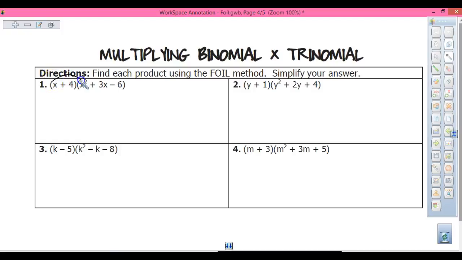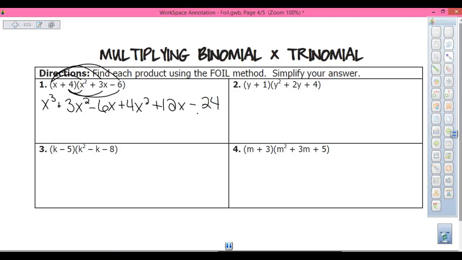So x times x squared gives us x cubed, and then I've got 4 times x squared plus 4x squared, because now I'm going to take that 4 and distribute it through to everything in there. 4 times 3x plus 12x, and 4 times negative 6.